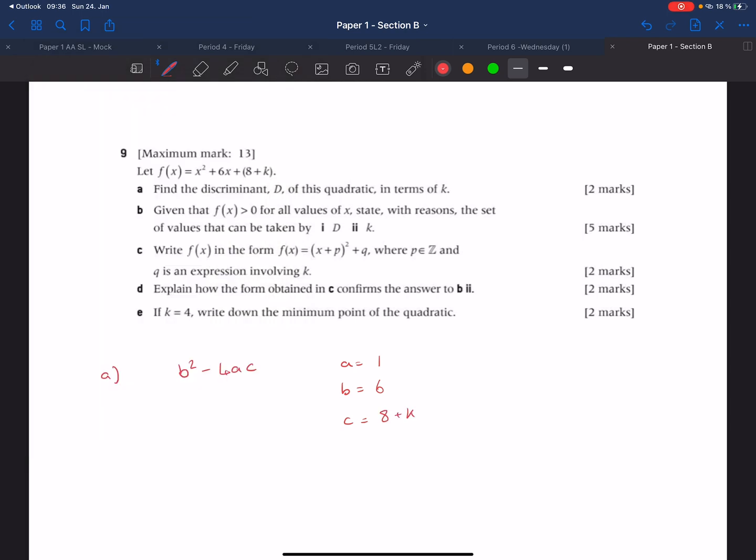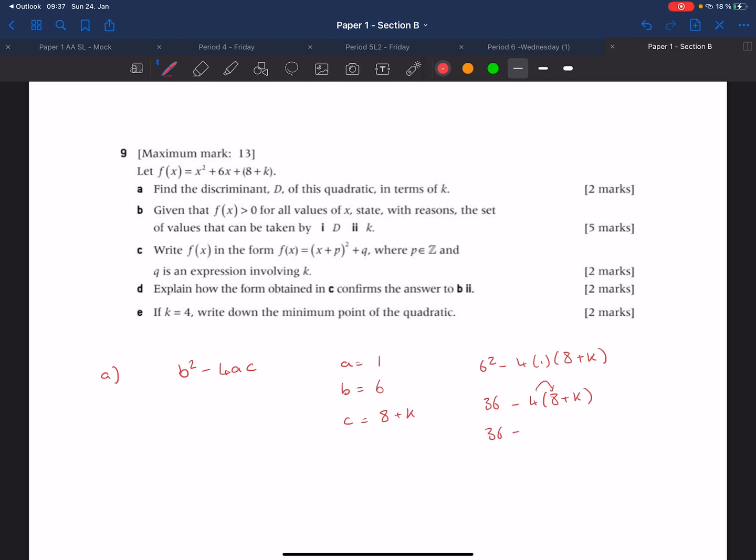Now I can substitute those into the discriminant. So I have 6 squared minus 4 times 1 times 8 plus k. And I'm going to be really careful multiplying this out now. So 36 minus 4 times 8 plus k.